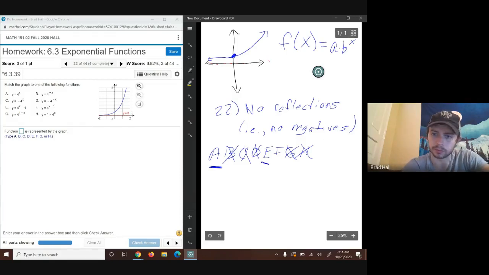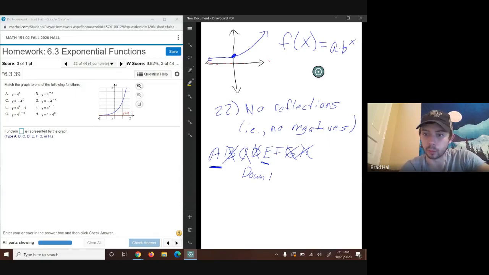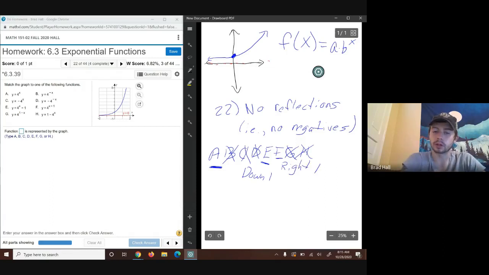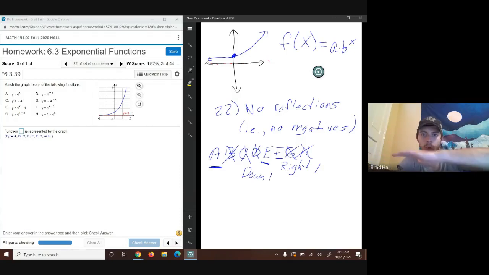if you look to the left over there, that implies we're going down 1. And then for F, it's to the right 1. Now, it cannot be down 1, because if you go down 1, your horizontal asymptote goes down 1.